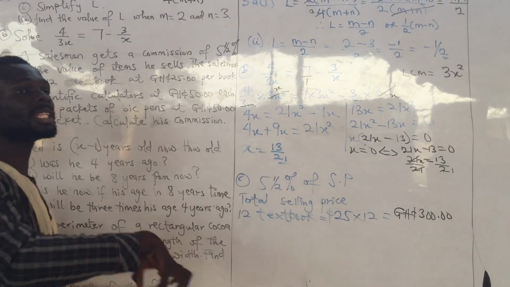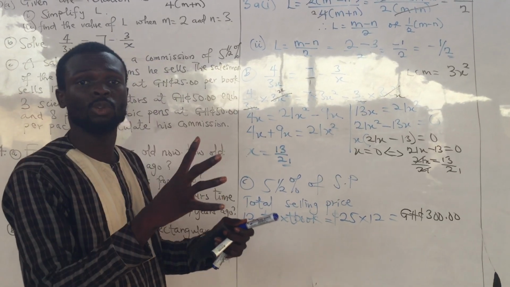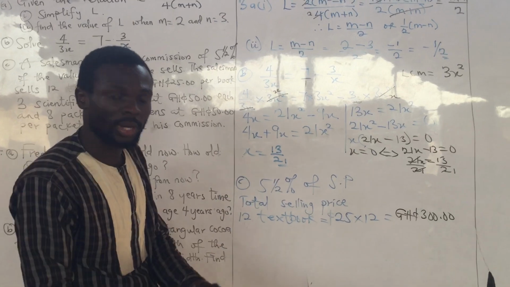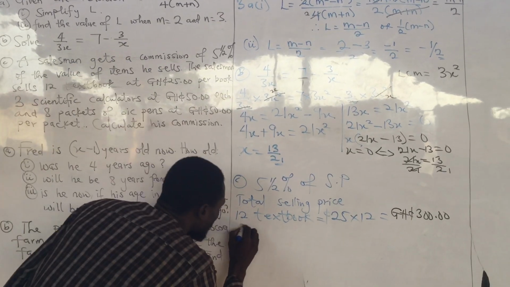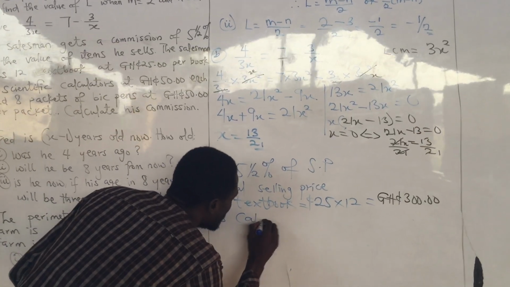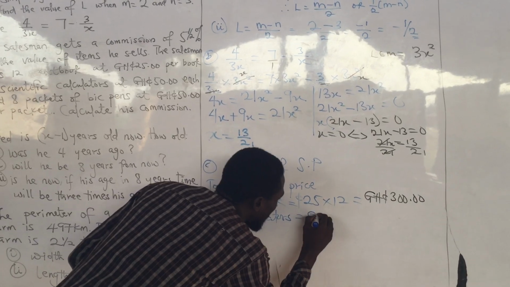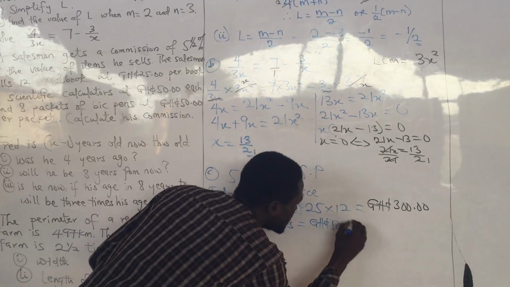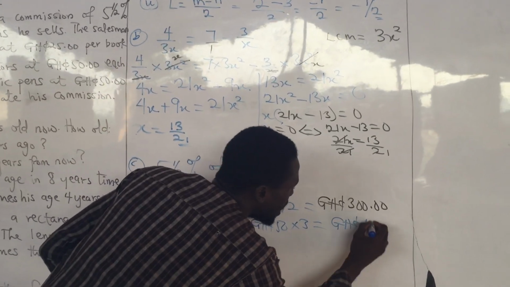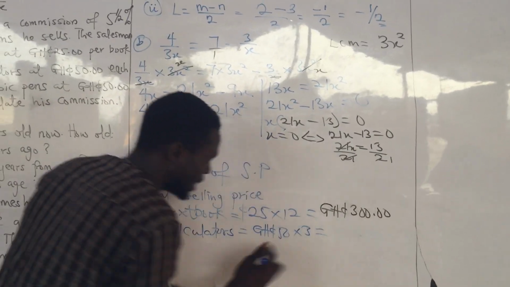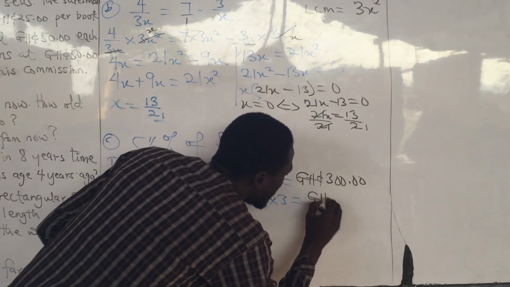So if he sold 13 calculators and one is 50 cedis each, we also calculate for the calculators. The amount he sold, which is 50 cedis times 3, multiplying the 2 is going to give you 150 cedis. So he sold the calculators at 150 cedis.